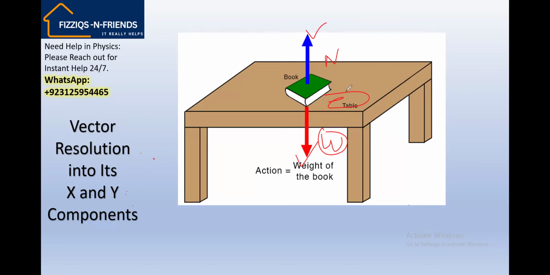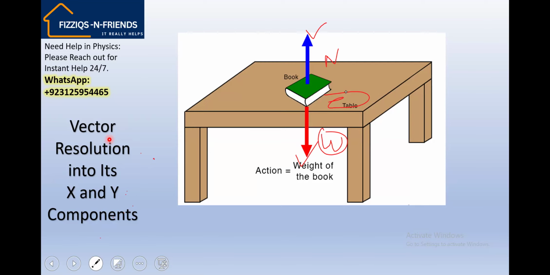There is no x component of normal force or weight involved here. So this is something you need to remember. Both these forces are along the y-axis, so there is no x component.